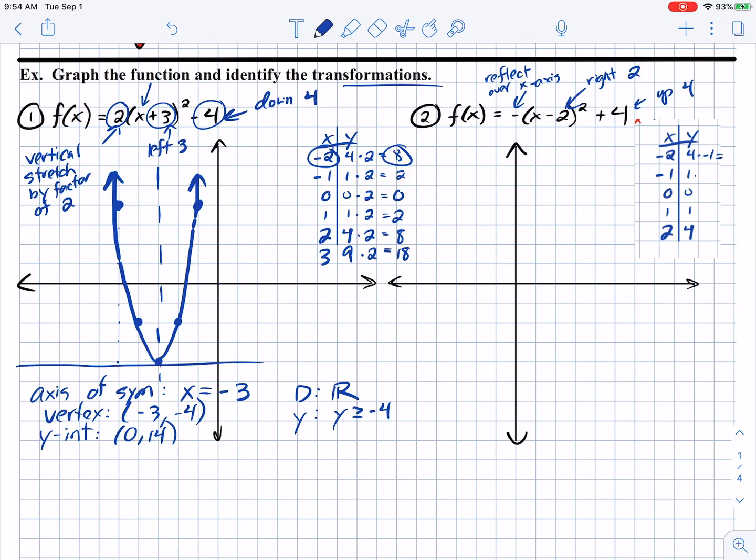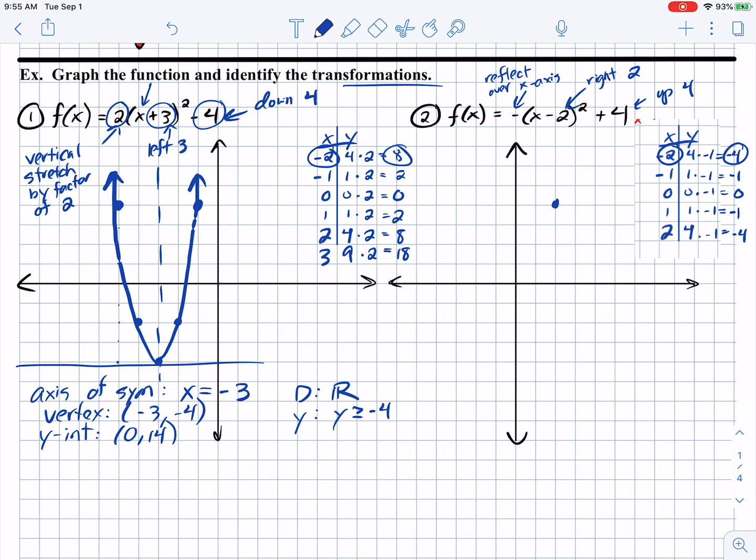So we now have a -4, -1, 0, -1, and -4. Just don't forget these points, the -2, -4, those come from our new vertex, which is at 2, 4, because we were shifted to the right 2 and up 4.